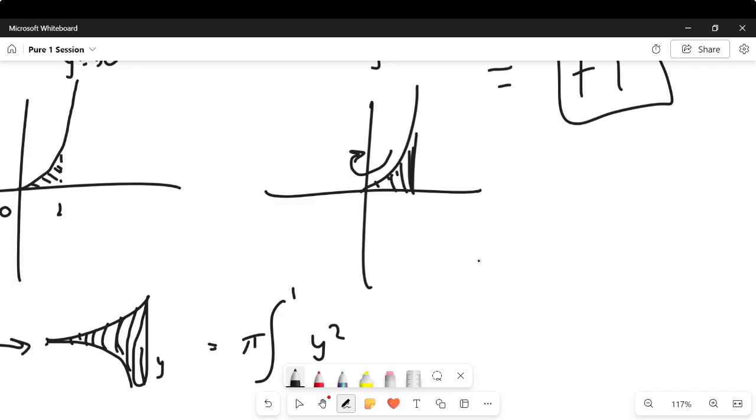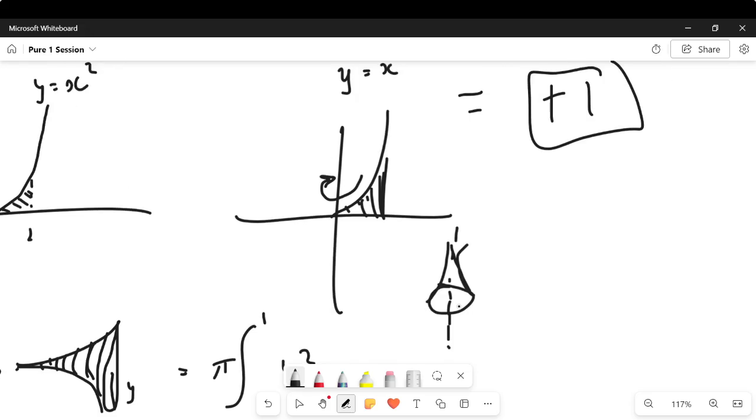I don't know if I can make a proper shape for this, but imagine that this is your axis, and it's going through the center of your circle over here. So the radius in this case is basically x, right? So you would do the same, but this time pi x square.